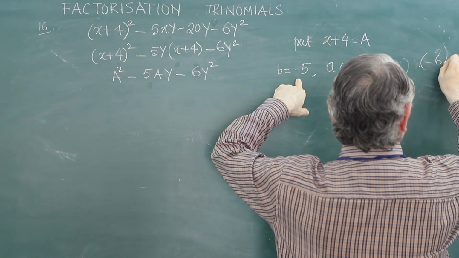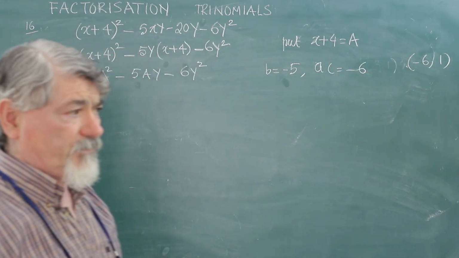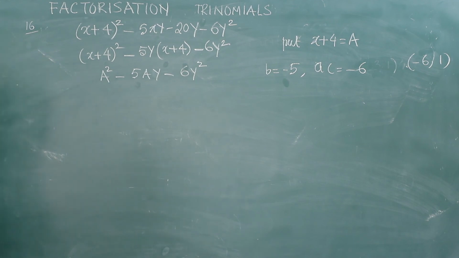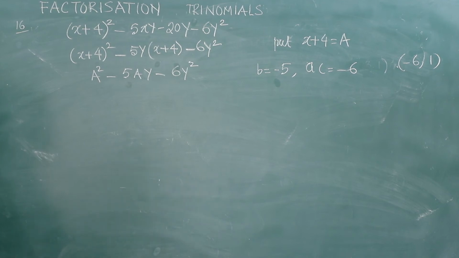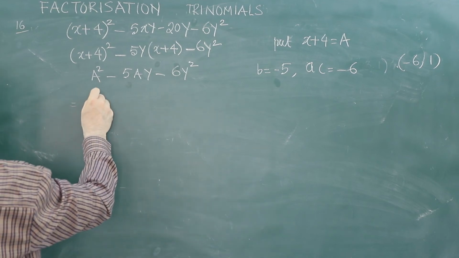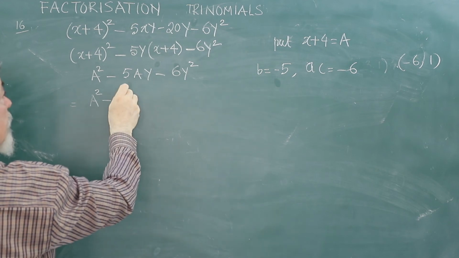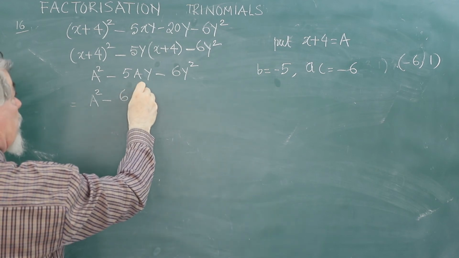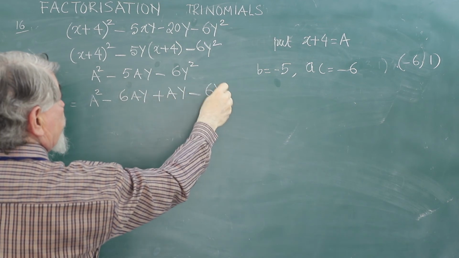Minus 6 and 1, because both have to be of opposite signs. Minus 6 plus 1 will give me minus 5, and when I multiply minus 6 into 1, I will get minus 6. So it will be a square minus 6ay plus ay minus 6y square.